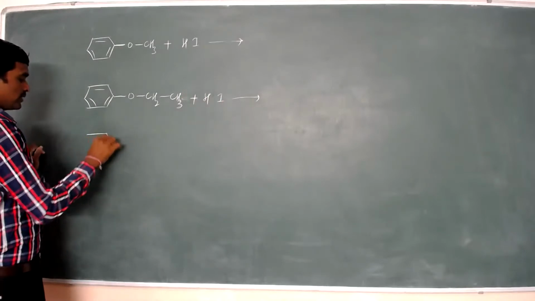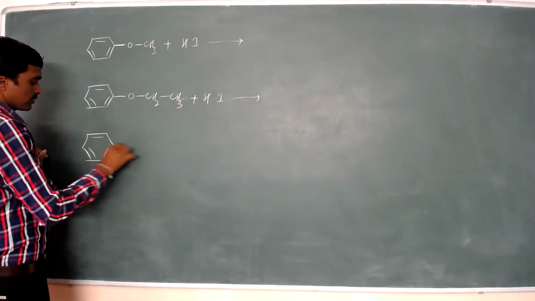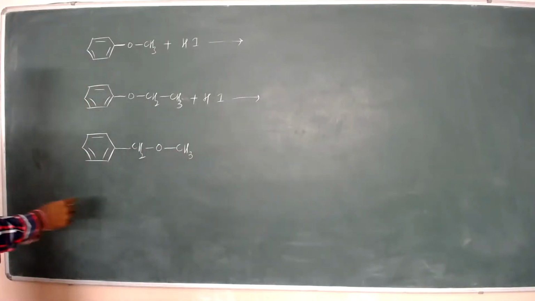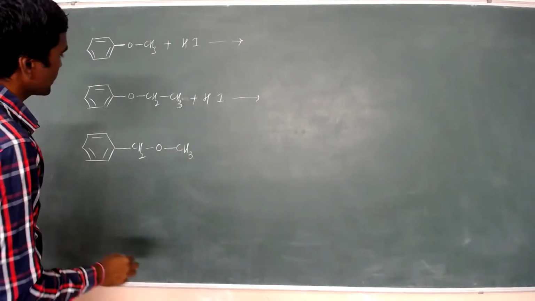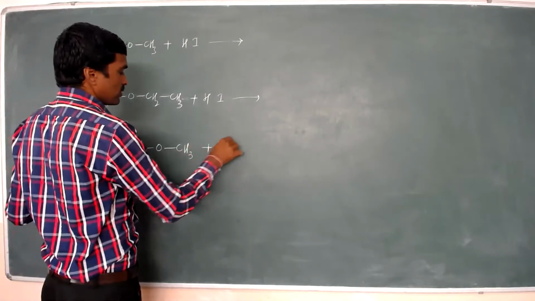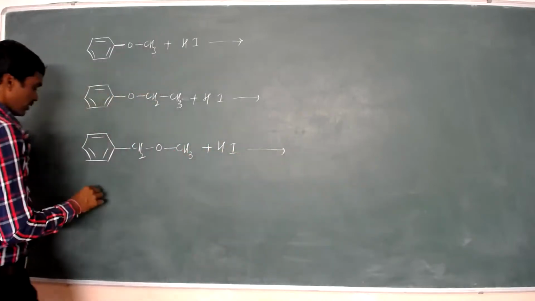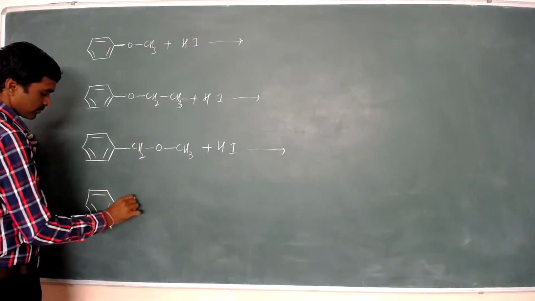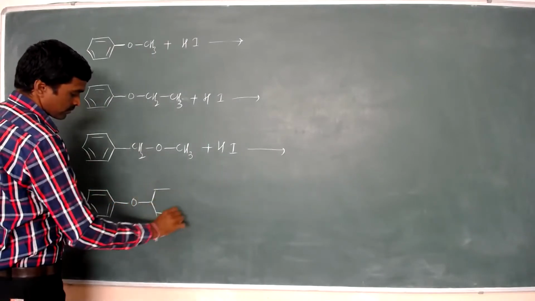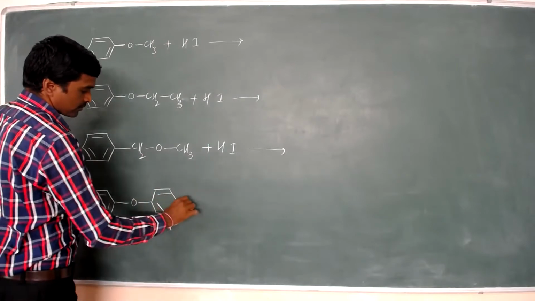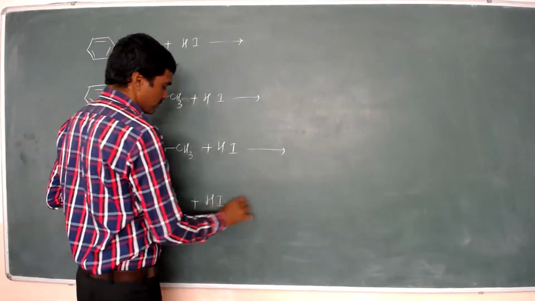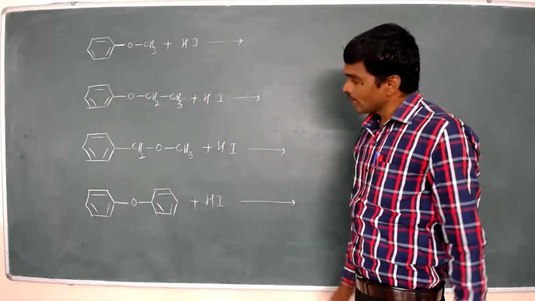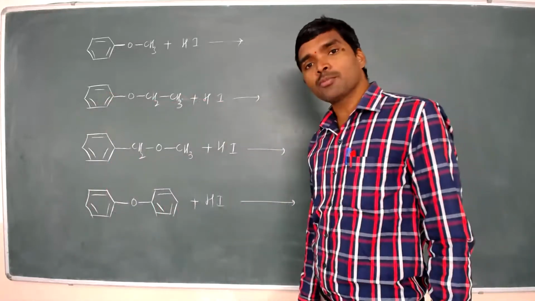And another one is that you see CH2O CH3. So this also reacts with HI. The last final one is that. Now see, if these react with HI, then what products are formed?